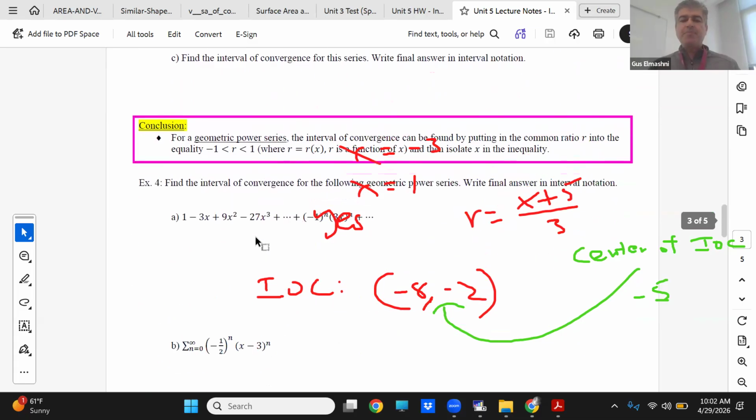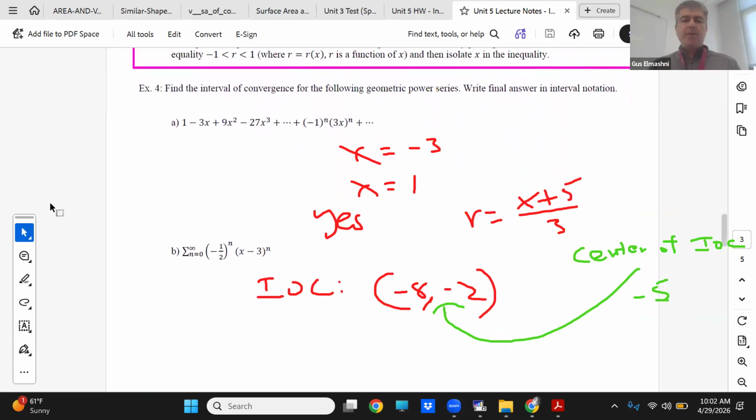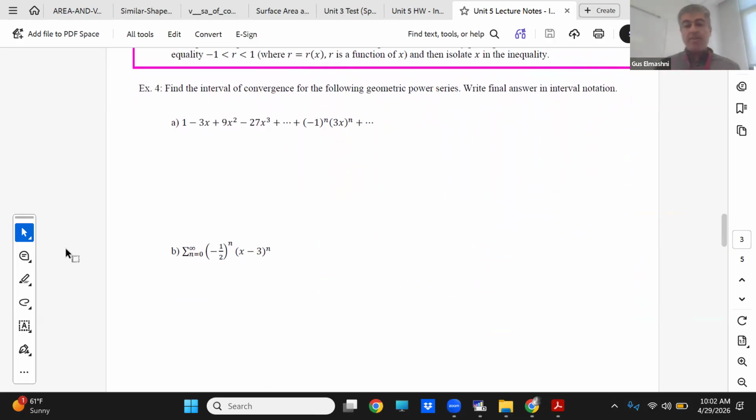So here we're going to find the interval of convergence again, write the final answer in interval notation, and find the center as well, right? So we should identify what R is first. Always identify your R value in terms of X. So what's R going to be for part A? Negative 3X. Okay, what's R going to be for this one?